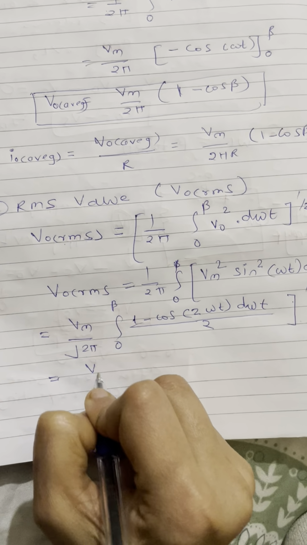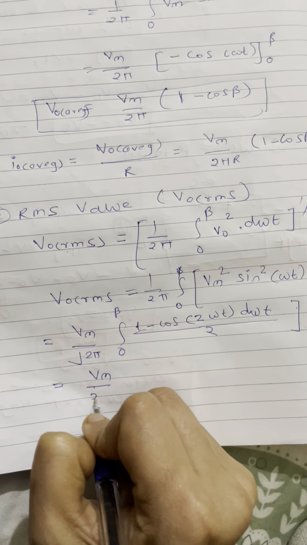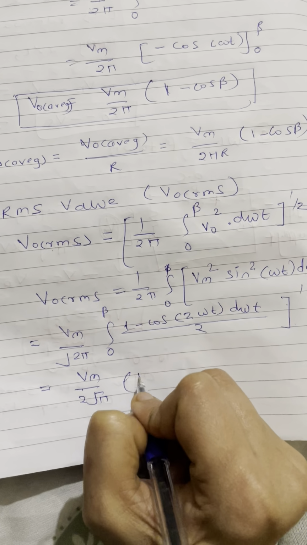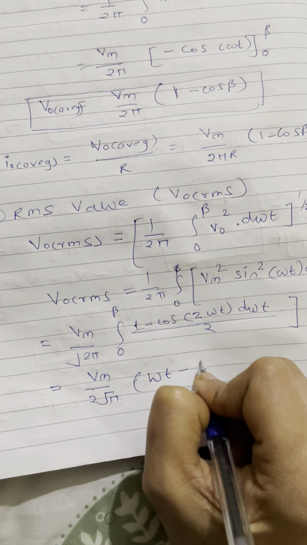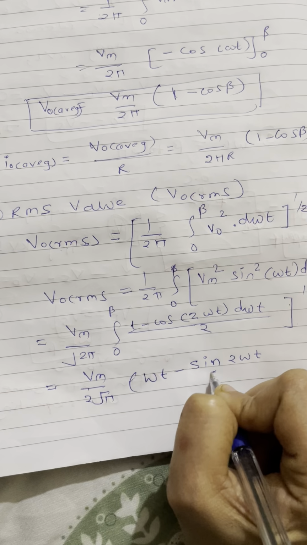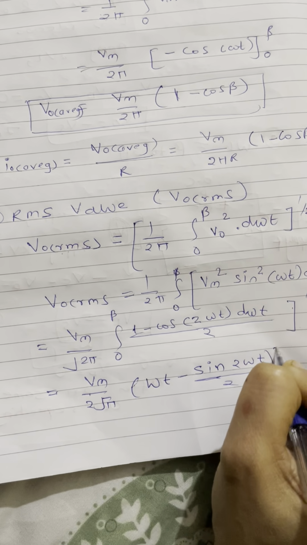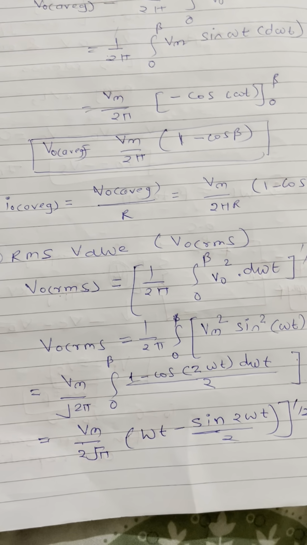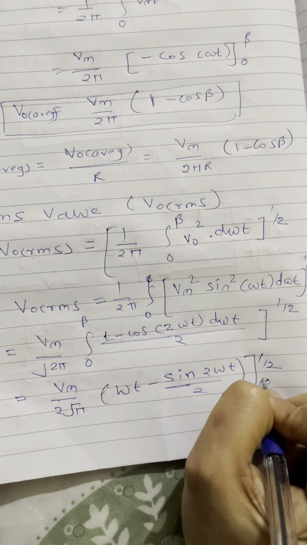Now Vm upon 2 under root of pi, omega t minus sin 2 omega t upon 2, and power 1 by 2. Put the limit 0 to beta.